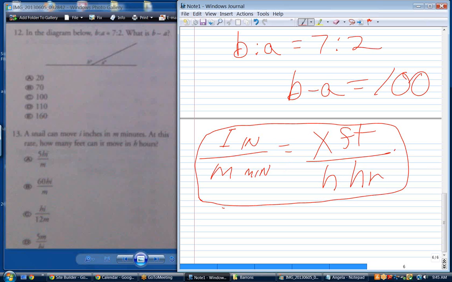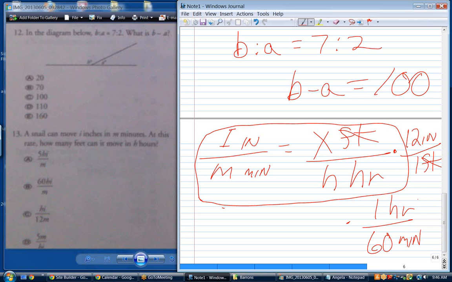Well, I would have to multiply this by 12 inches per 1 feet. That gets rid of the feet. Now we have inches in the numerator. And the hours, I'm going to have to convert that 1 hour per 60 minutes. Notice that I set it up so that the hours will cancel.